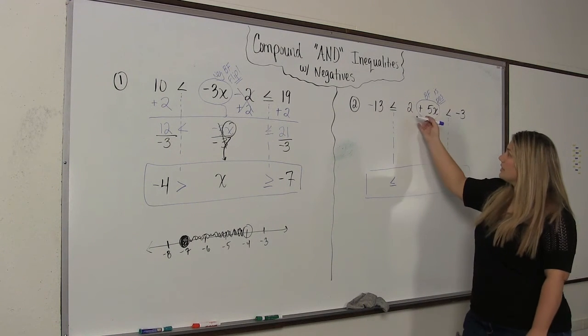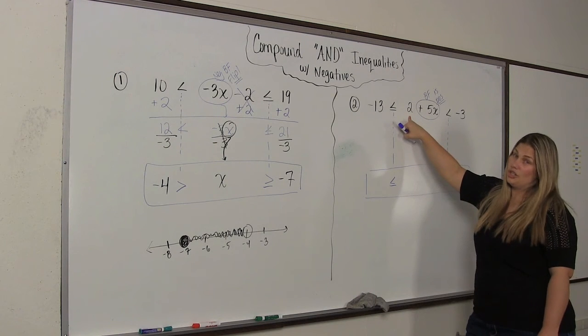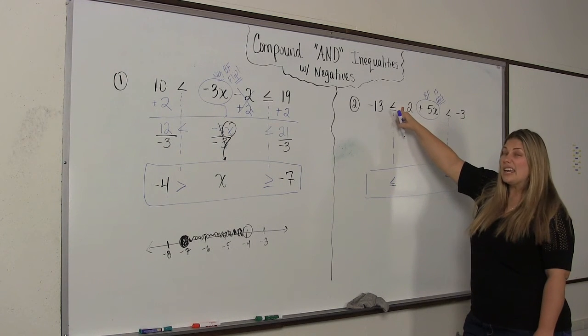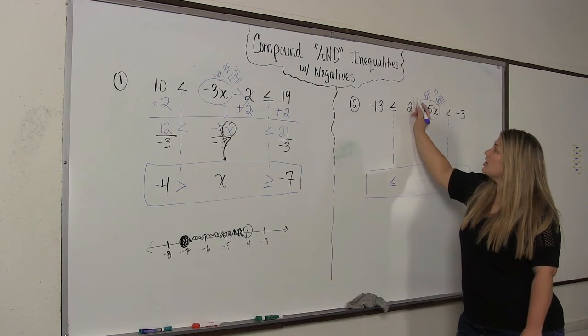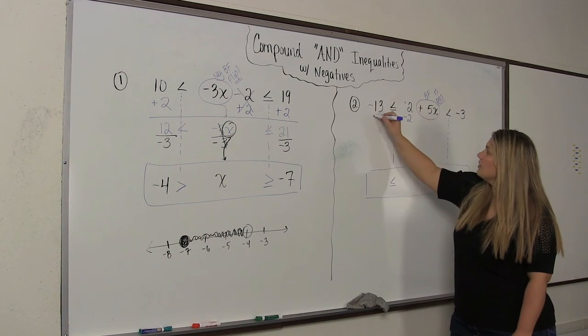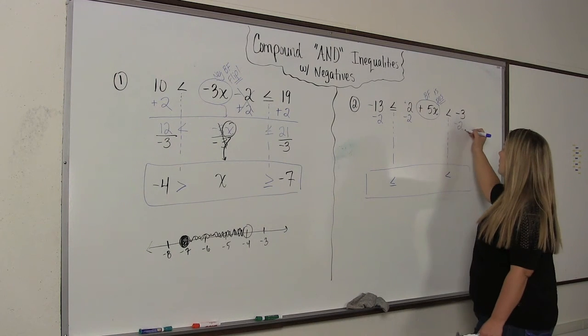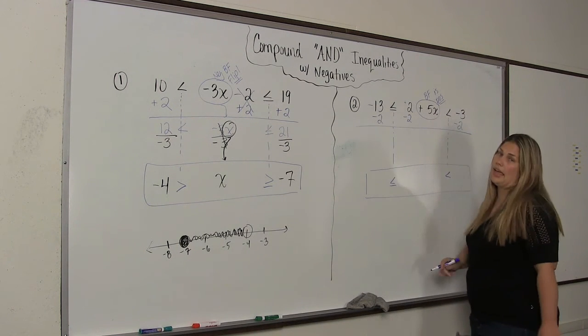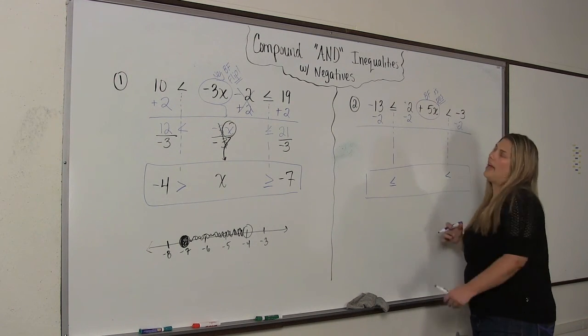The 5 and the x are going to stay together, so I have to get rid of this 2. If there's no sign in front of the 2, then that really means that 2 is a positive. And to get rid of a positive 2, I have to subtract 2. And what I do to one side, I have to do to all sides.